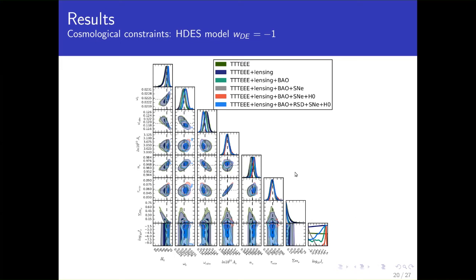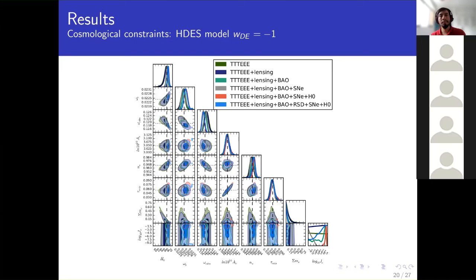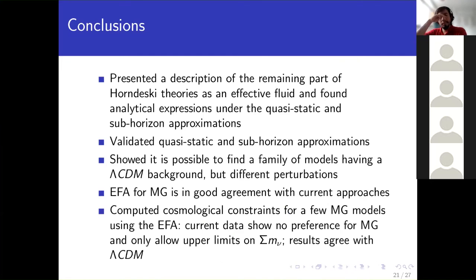Interestingly, we were also looking for some kind of degeneracies between the neutrino masses and the modified gravity parameters, but we didn't see it in any case. So I guess I will leave you with my conclusions, and that's it.